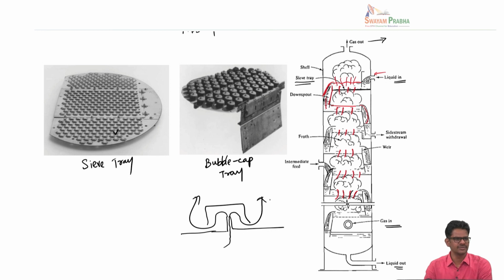So this allows good control of bubble formation and then transport. Okay, so you see that there are many other kinds of tray, but predominantly used trays are the sieve tray and bubble cap tray. These allow transport of gas from one tray to the other. Okay, so that is about the structure of this particular tray column.